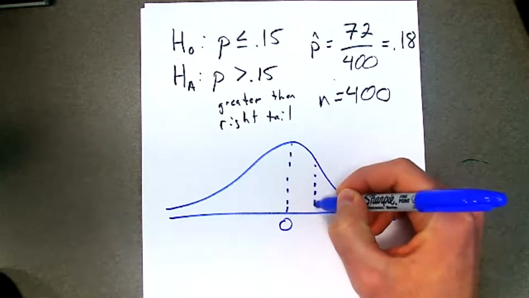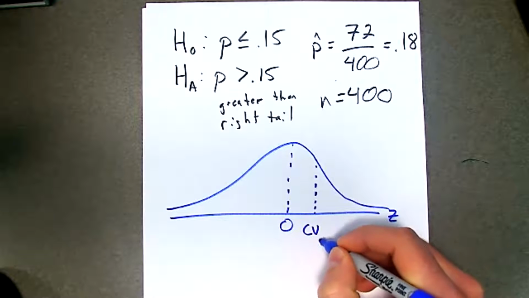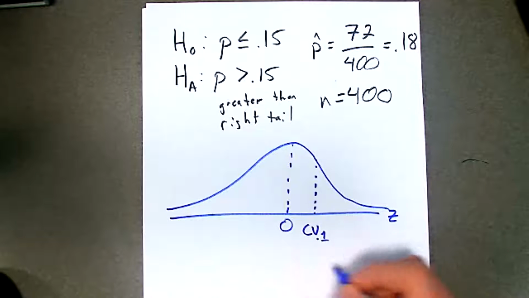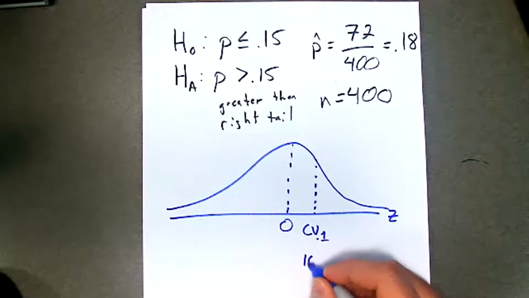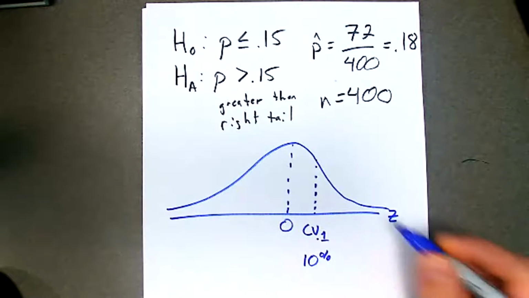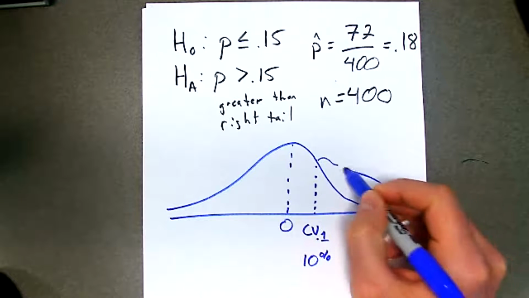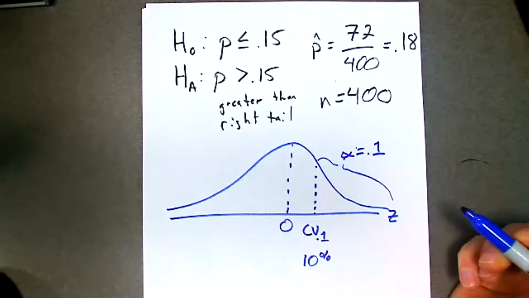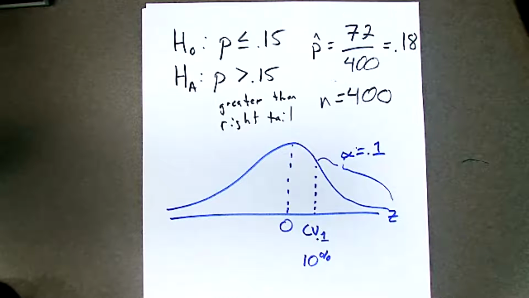So we're going to be looking for the z value, our critical value, that gives us 0.1 in that tail, or said differently, the 10% significance level. So what would give us that alpha of 0.1 in my tail? How do I find this? Well, there are two different ways.